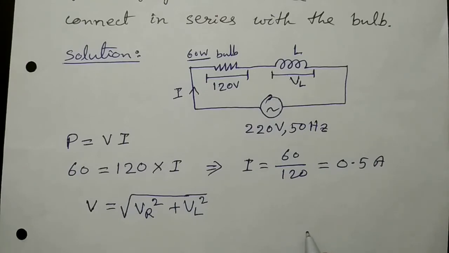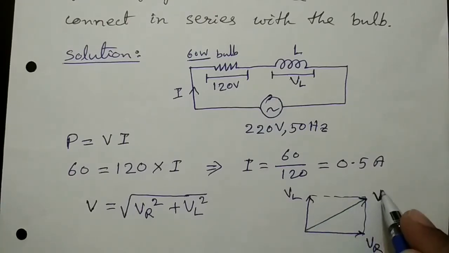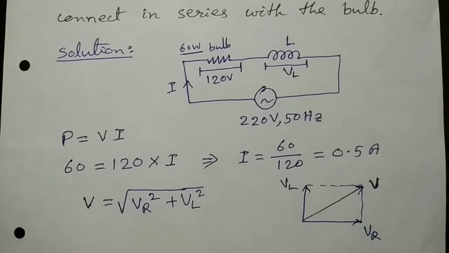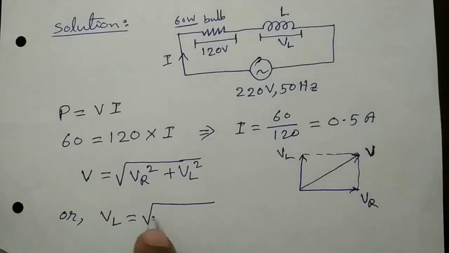Because we have already seen during analysis of the RL circuit that this is VR, this is VL, and their summation is considered as total voltage V. So from this relation, VL can be written as square root of V square minus VR square.